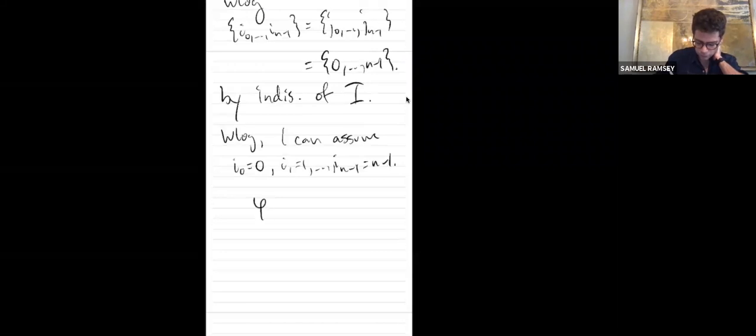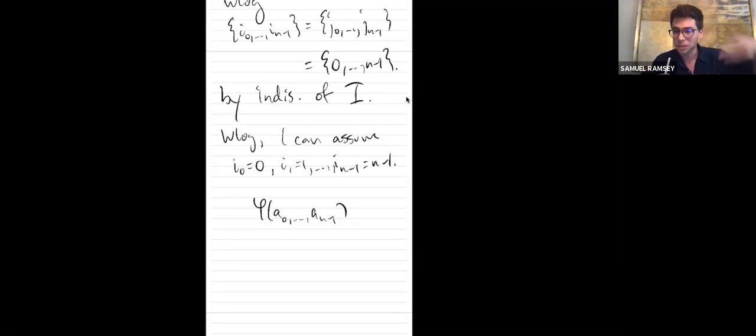If I look at this formula, phi(a_0, ..., a_{n-1}), either this is going to be true or it's false. Now, one of those possibilities will either agree with i_0 through i_{n-1}, or it will agree with j_0 through j_{n-1}. So let's assume that it agrees with the i's. Then I could just replace the i's with this thing, and then I'm still in the same situation.